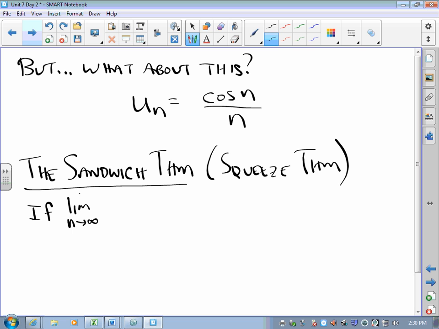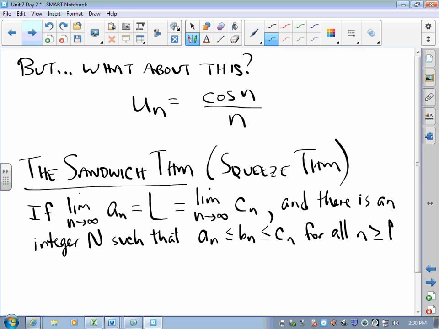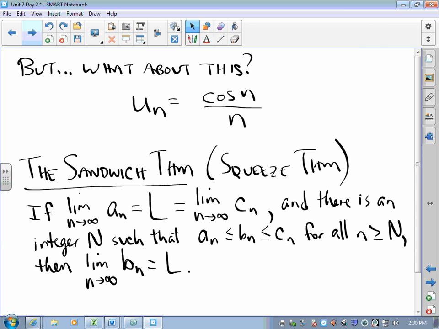If the limit as n approaches infinity of some sequence a sub n is L, and that L is also the limit as n approaches infinity of some sequence c sub n, and there is an integer capital N such that a sub n is less than or equal to b sub n is less than or equal to c sub n for those sufficiently large n's, then the limit as n approaches infinity of b sub n is also L.